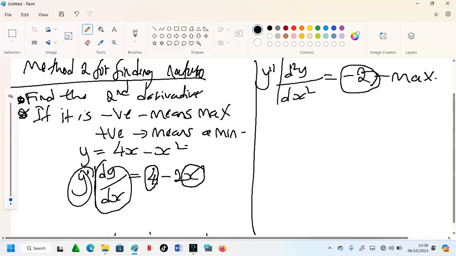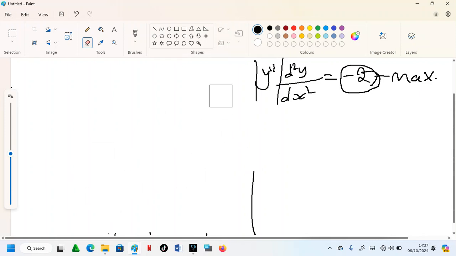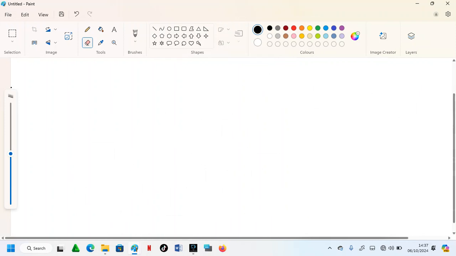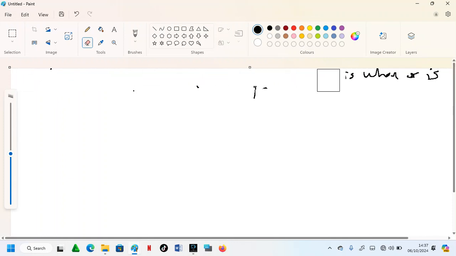And that's it. I'm thinking of having another example on the same, so that we do enough practice. So let us have another example of the same. Find the stationary points and sketch the turning points. Let's have another example.